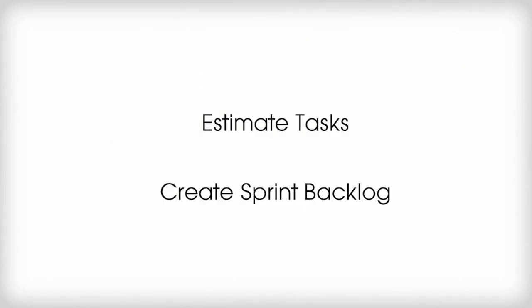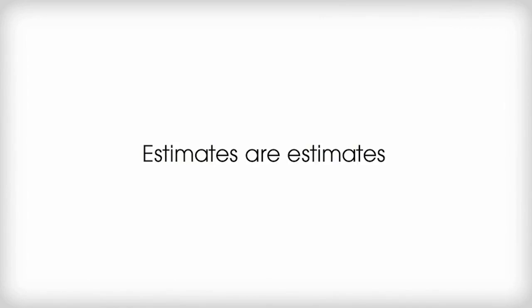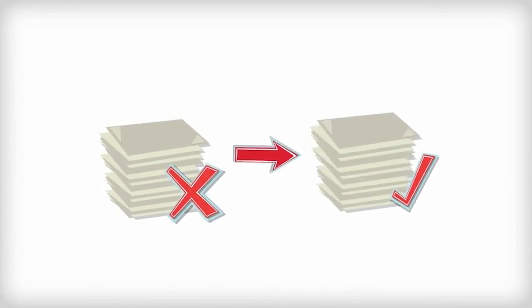If in Scrum the estimate task and create sprint backlog processes have been done accurately, only those tasks that can be completed in a sprint are selected and committed to. However, Scrum accepts that estimates are estimates and by nature are not accurate. It makes provision for any tasks not completed in one sprint to be added to the next or later sprint.